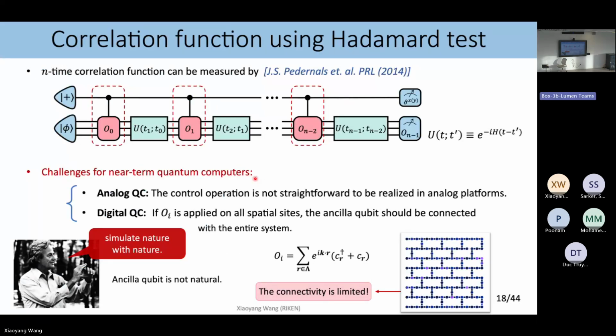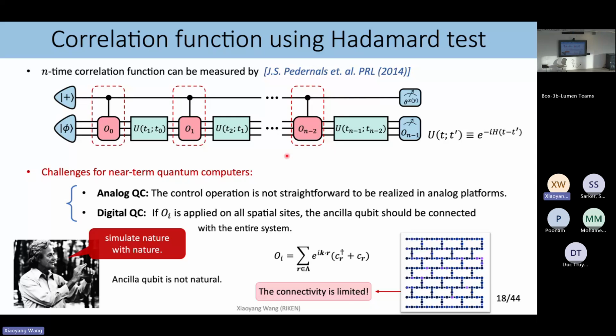So the circuit that you just showed is for the digital quantum circuit, right? Because the analog is different. Analog, but if we want to measure the two-time correlation function, the analog should also perform this control, right?